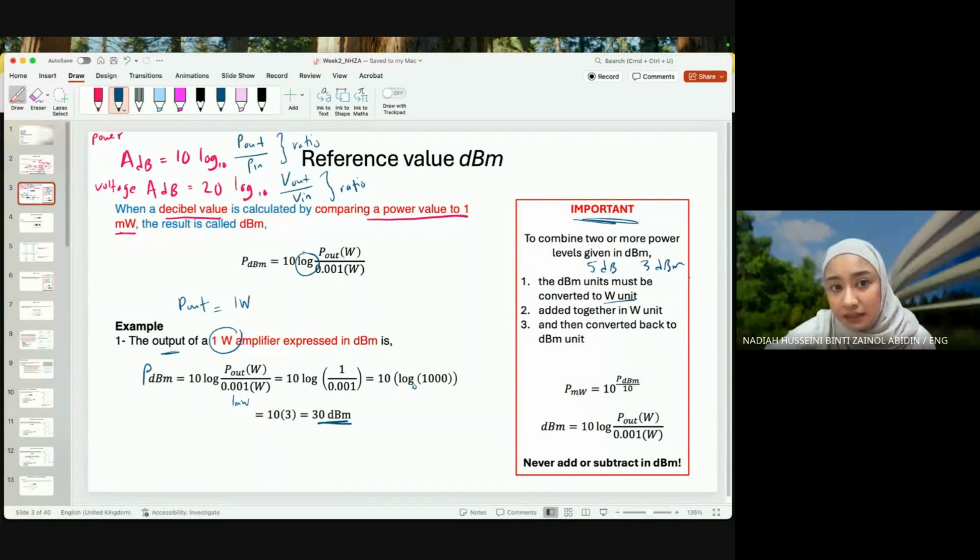It doesn't work like dB. So you have to convert it first to milliwatt or watt, then add these two values together and then convert it back to dBm. To convert dBm to milliwatt, you use this equation: 10 to the power of the dBm value divided by 10, and this will give you something in milliwatt.